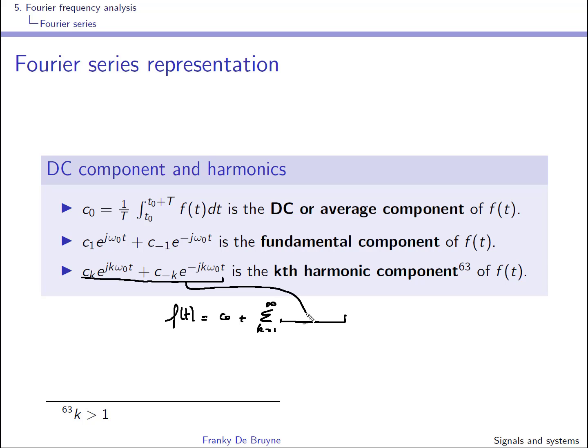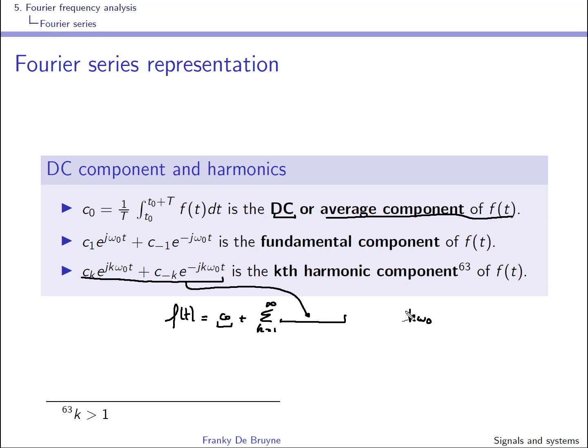So you have to plug it in over here, and each k corresponds to a frequency that is k omega 0. Okay, so the term that you've got here, and we had already seen that it's the average value of f(t), corresponds to a signal at zero frequency. This is why we call it the DC component or the average component of f(t).